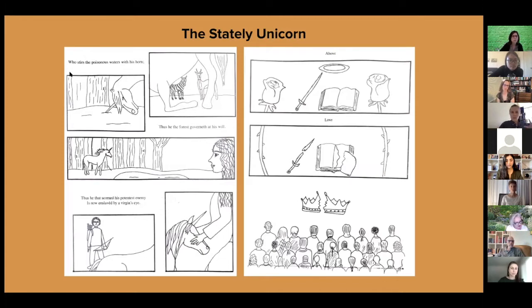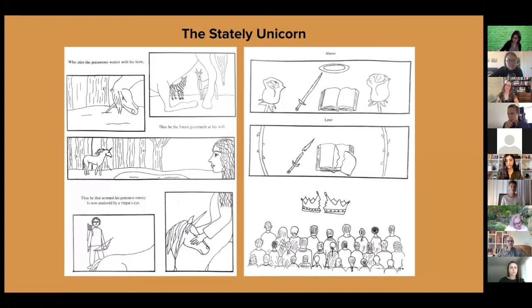These are set up in reference to lines that add an additional beat to the meter. So, "who stirs the poisonous waters with his horn," and "thus he that scorned his potentest enemy." So they were seeing how to replicate metrical irregularity in visual form.